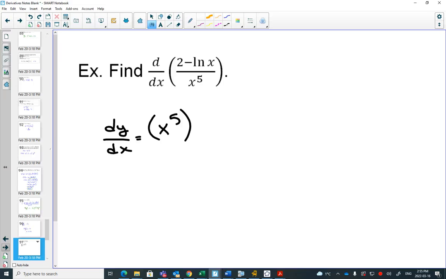So we keep the bottom the same, derivative of the top. If you want to, you can put the 0 in for the derivative of 2, and minus the derivative of natural log is 1 over x. What's really interesting with natural log, okay, is you know how the derivative is 1 over x? It's one of those situations where it's very hard for students to think backwards.